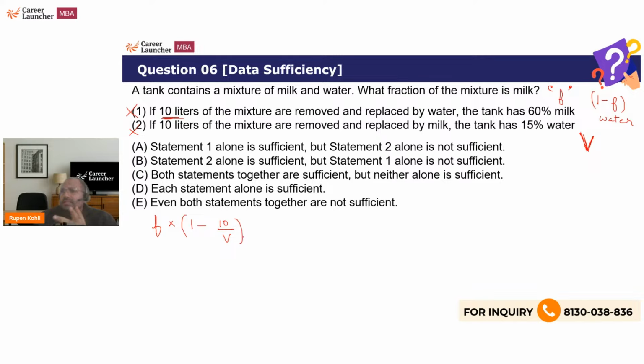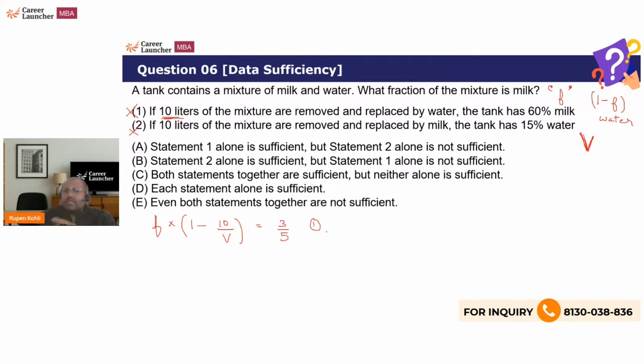Because that's the basic thing of removal and replacement: the percentage of the thing being diluted decreases by as much fraction as you have removed of the solution. You have removed 10 by v fraction of the solution, so 1 minus 10 by v. So this is equal to 3 by 5, because you now have 60% milk. That is my first equation.